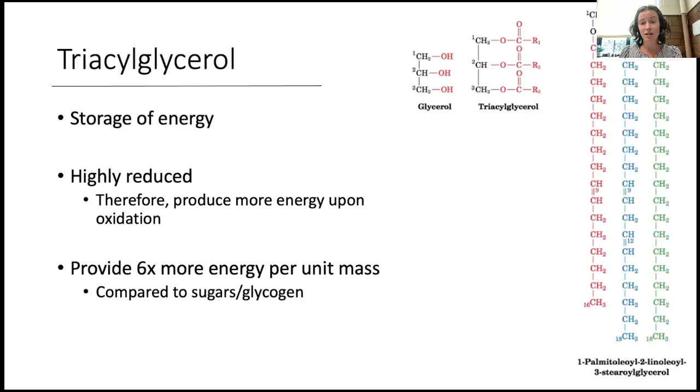As we'll learn later in metabolism, things that start off super reduced will give off a lot of energy in our metabolism as they are oxidized. And these are really packing a big punch. They provide 6 times more energy per unit mass than a carbohydrate that we eat, which is pretty cool.